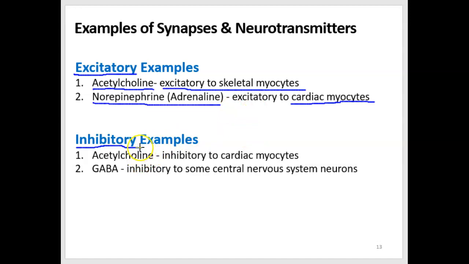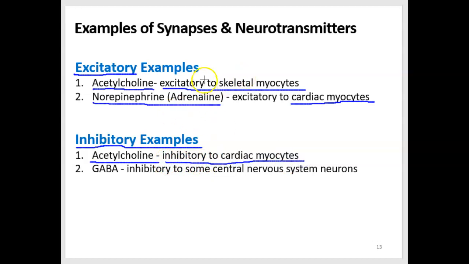Now, some examples that cause inhibition of a target. Again, I chose generally muscle. So, interestingly enough, the neurotransmitter acetylcholine actually inhibits cardiac muscle contraction.